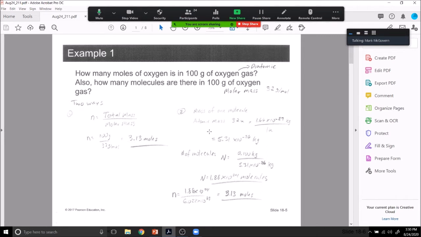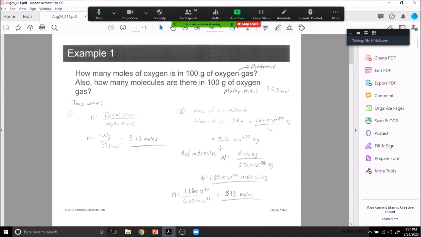All right, now, the other way to do this is to look at what the atomic mass of oxygen is. Okay? So oxygen, it's 8 and 8. 8 protons, 8 neutrons. You got 2 of them, though, so you got an atomic mass of 32. Multiply that by how much an atomic mass unit is, 1.66 times 10 to the minus 27 kilograms, and we get 5.31 times 10 to the minus 26 kilograms. So that's for one molecule, right?